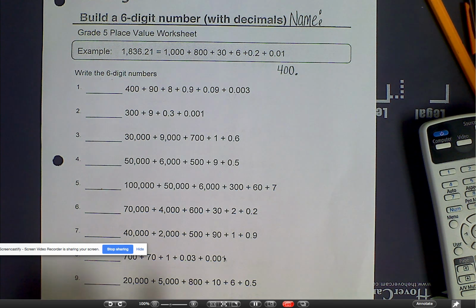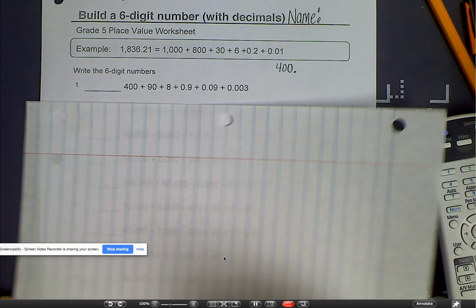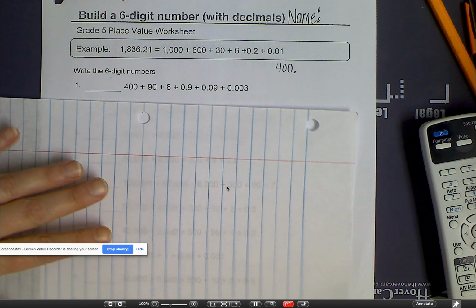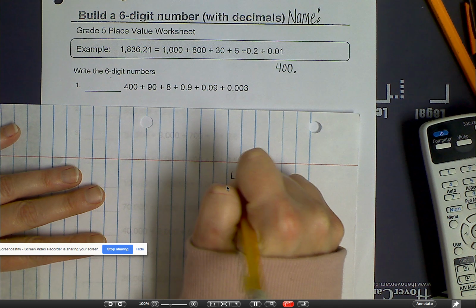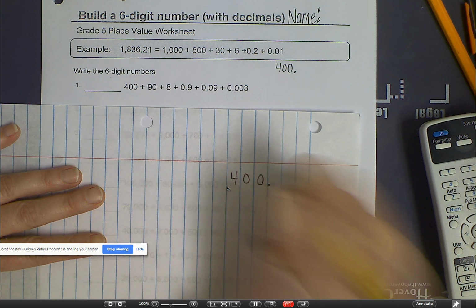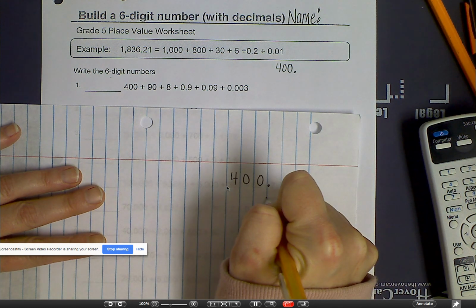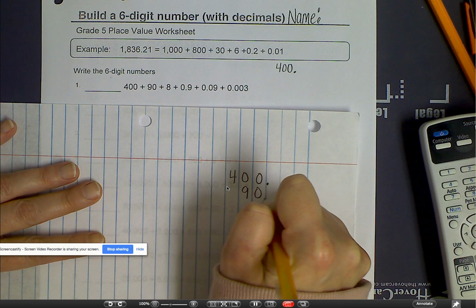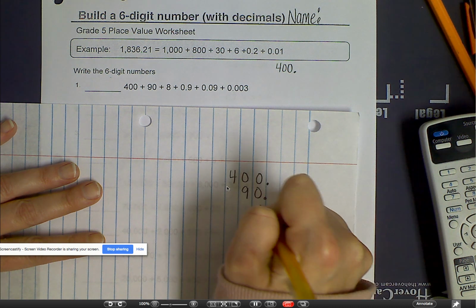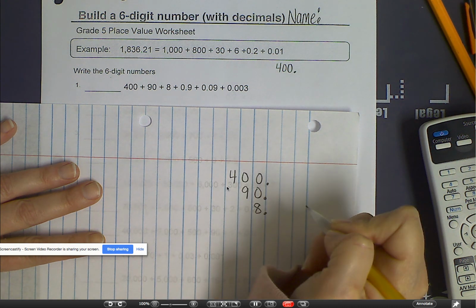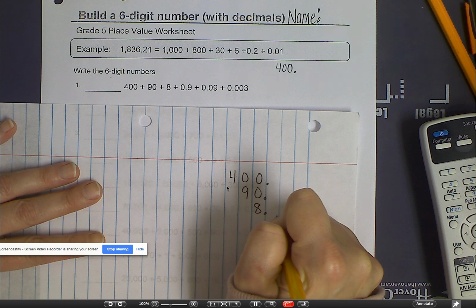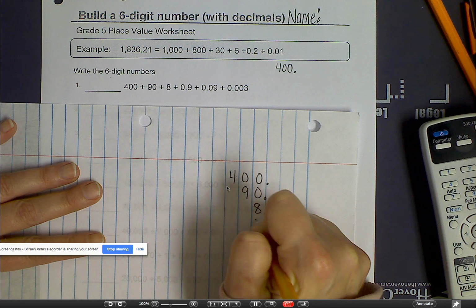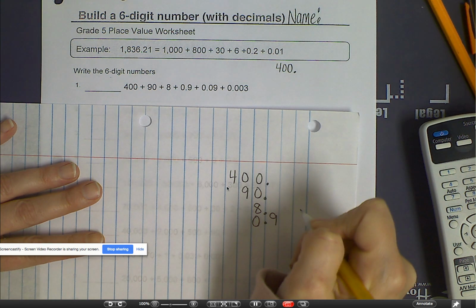So the first one I have is 400. So I'm going to write 400, and then there's my decimal right there. So in every single number, that's where my decimal will go. The next one is 90. 8, there's my decimal. And then I have 0.9.